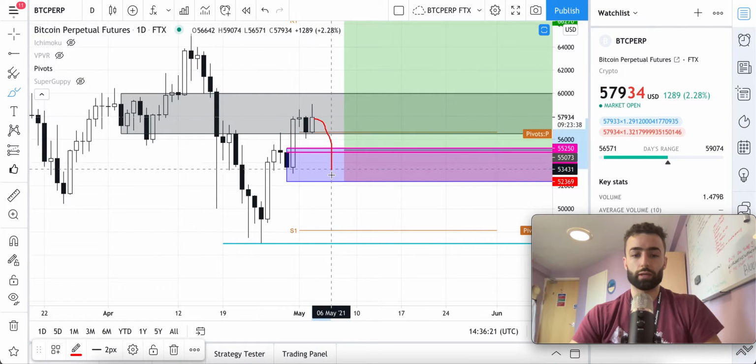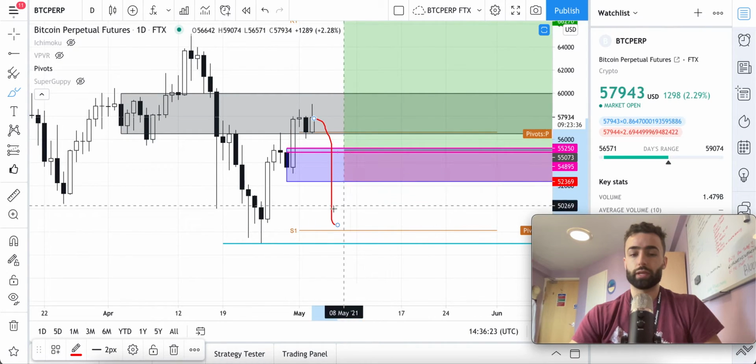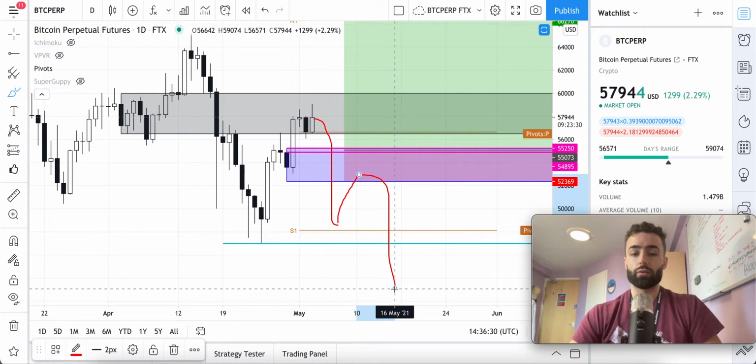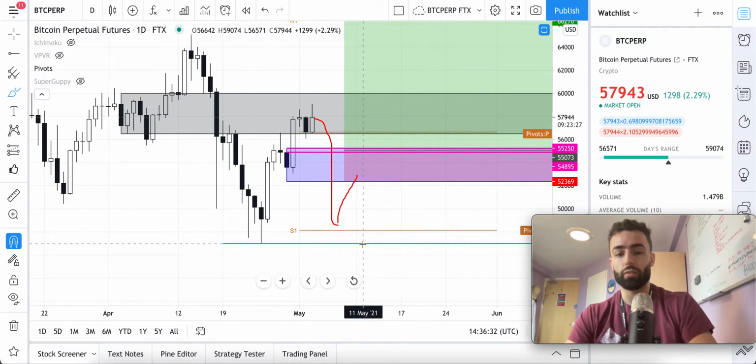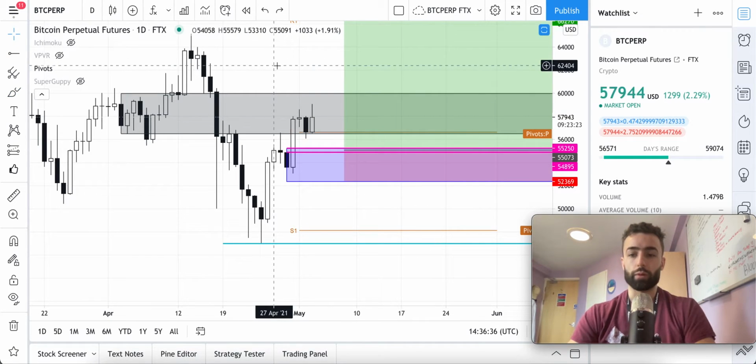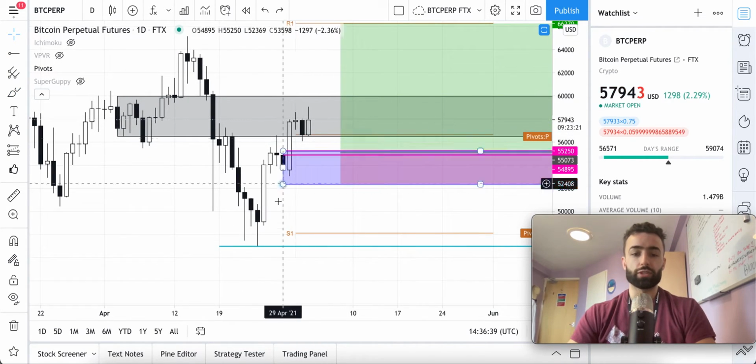So we come down, then we close 2 candles below it, come back into this level, and now it's strong resistance, and then we go down below this blue line to set our monthly high or low somewhere.